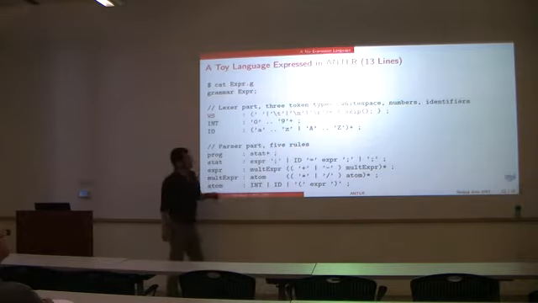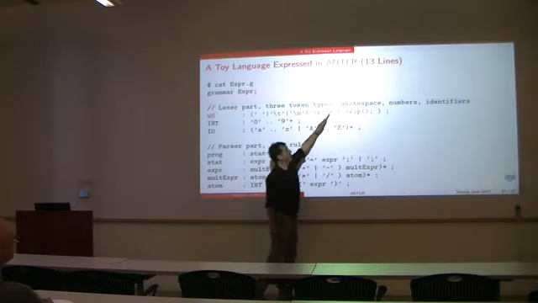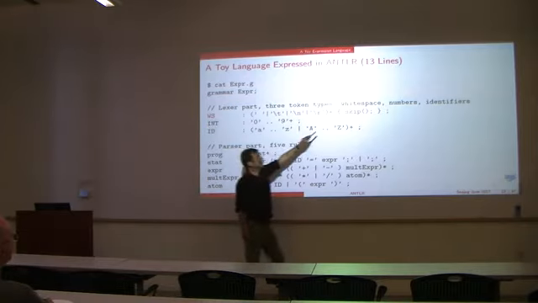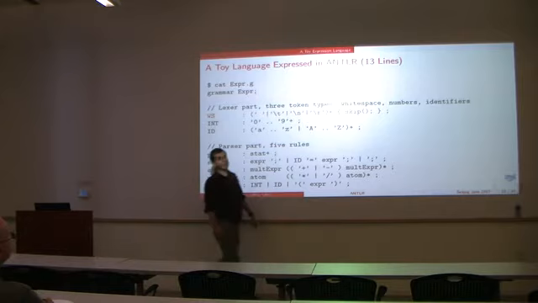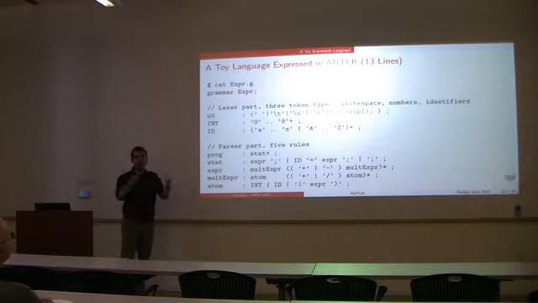So that says if you see a sequence of white space, this means one or more, you can call that a white space token, and what I want this parser to do is skip this. So basically, this lexer is told if you see white space, throw it away. Don't build a token with just white space in it and supply it to the parser. Because in this particular language, the parser doesn't care about white space.